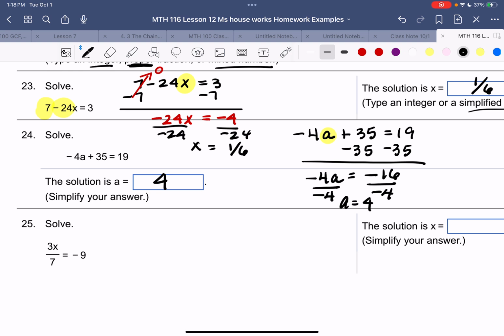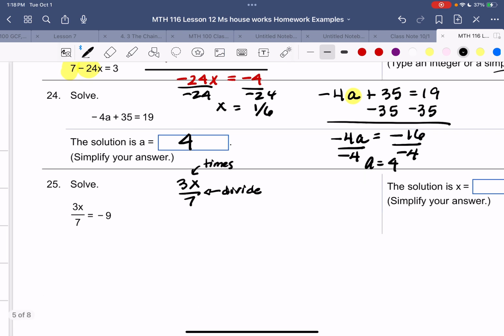And number 25, I've got a 3x over a 7. So that's a times and a divide. Now you can do those separately or you can do them all at one time, okay?